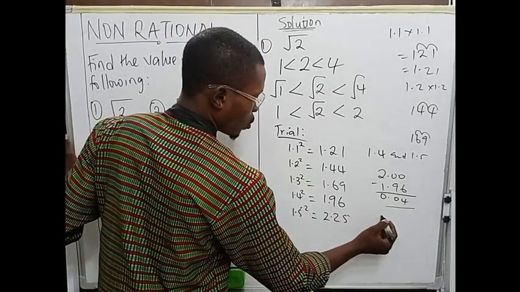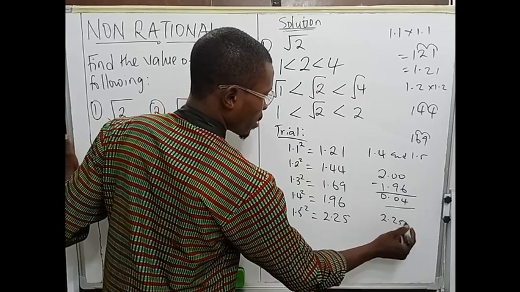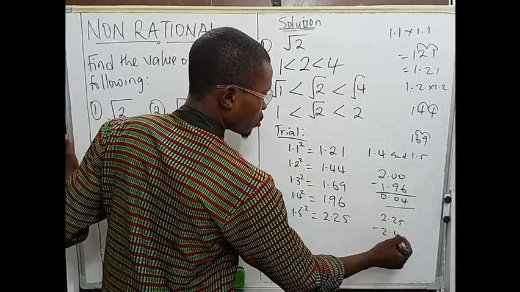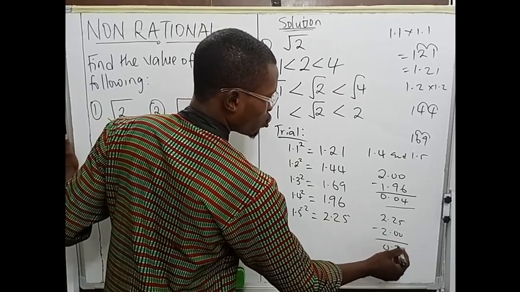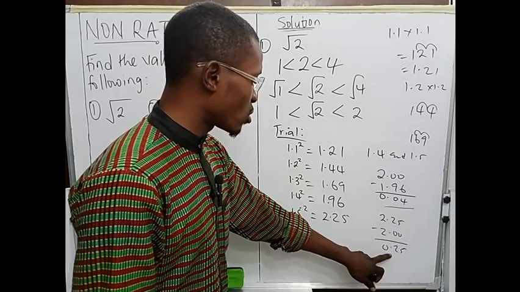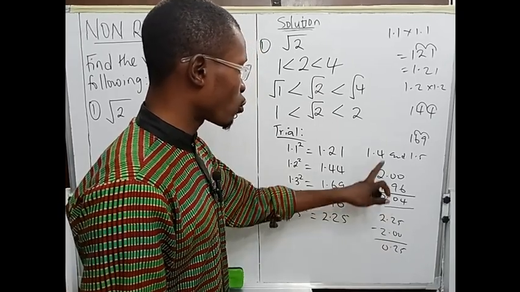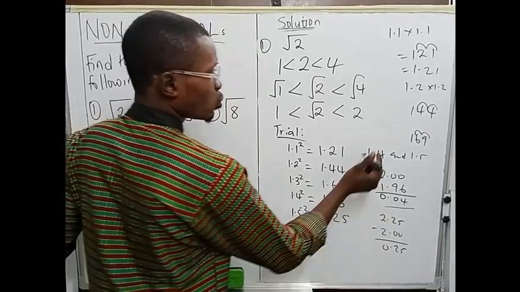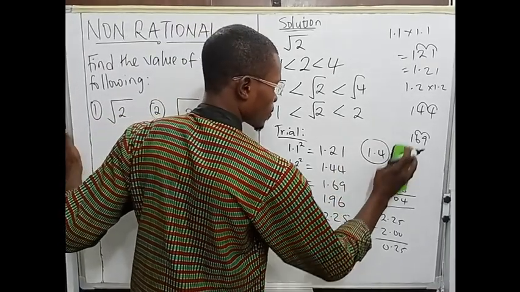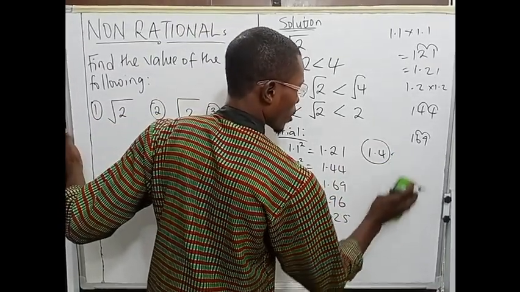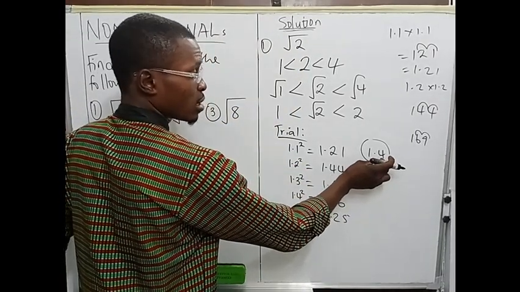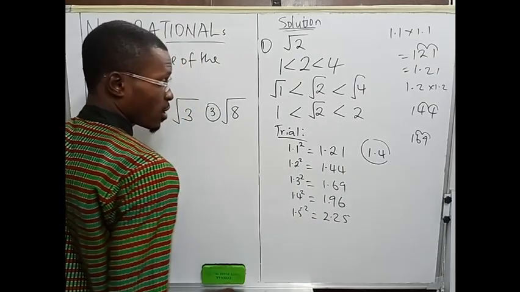For this, 2.25 is bigger, so 2.25 minus 2.00 gives us 0.25. You can see this number is farther than this from 2. So we'll take this as our reference. Okay, so I've gotten the first two significant figures of our answer.